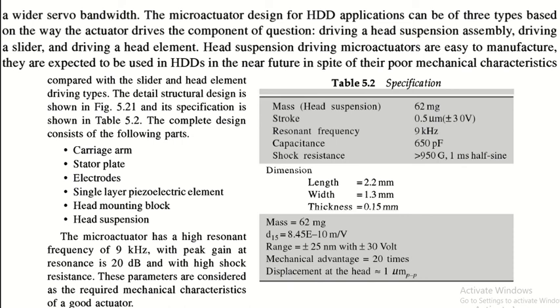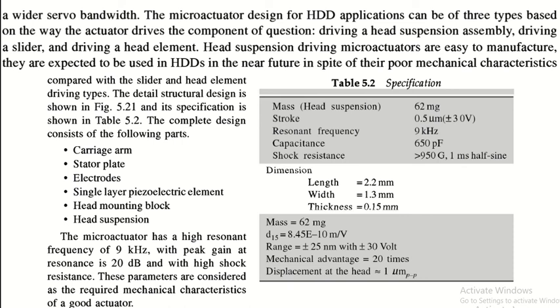It is a piezoelectric actuator, a shear mode actuator. D15 is taken as 8.4 e raised to the power minus 10 meter per volt, and its range is plus minus 25 nanometer with plus minus 30 volt. The mechanical advantage, that means output to input ratio, is 20 times. Displacement at the head is 1 micrometer.